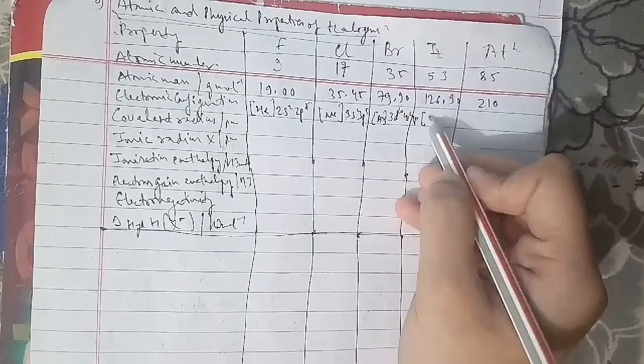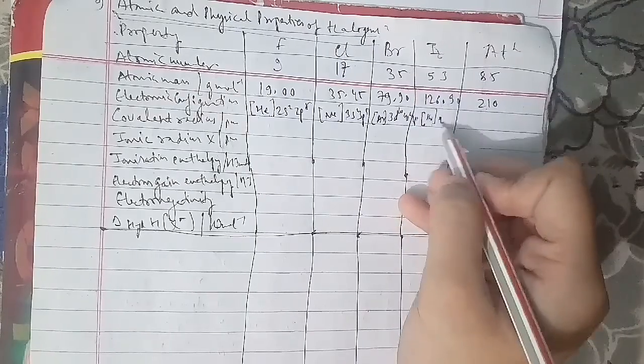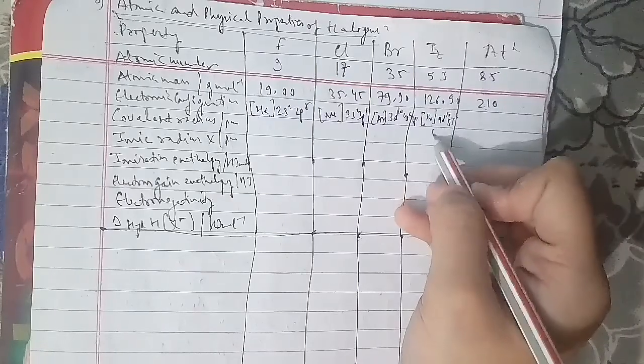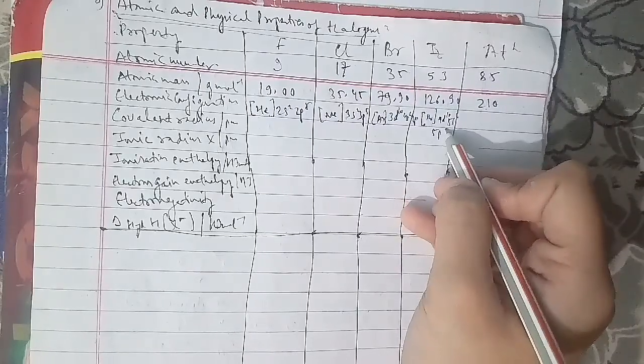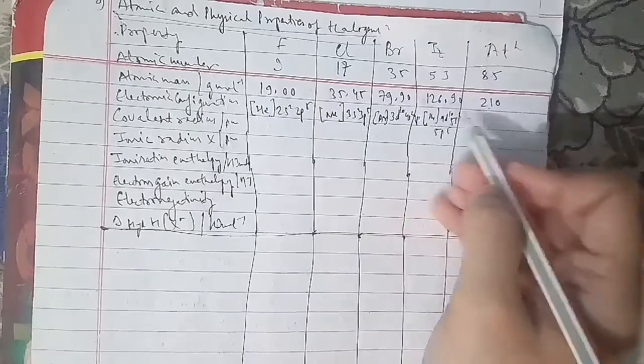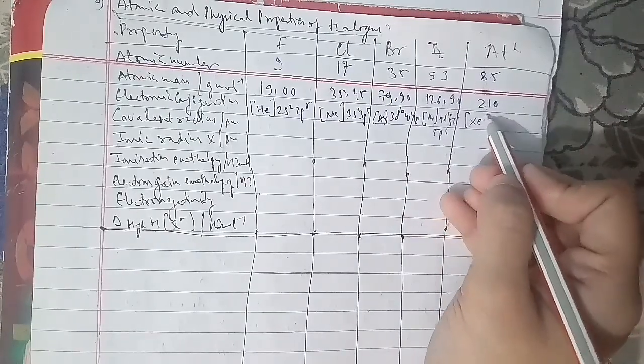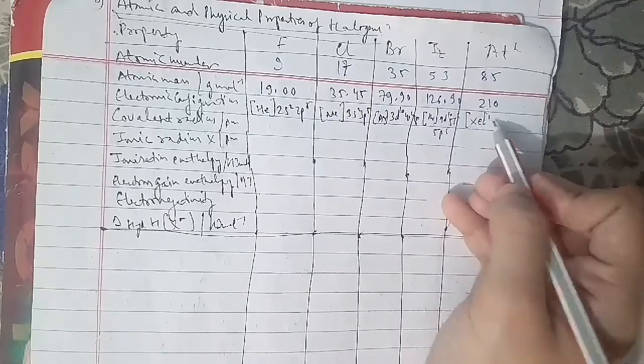Then for the other one, xenon 4f14 5d10 6s2 6p5.